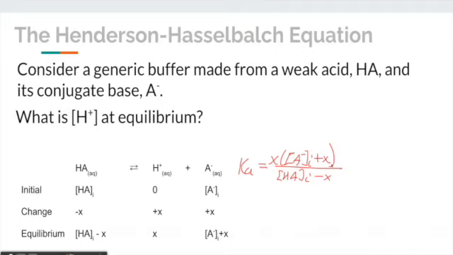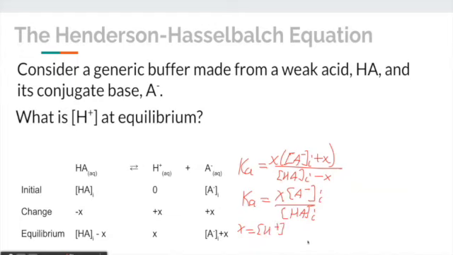So that means that we can ignore these X's in the sums here. So it's a reasonable approximation almost all the time to say that Ka is equal to X times concentration of A- divided by concentration of HA. And we're talking about initial concentrations here. But X is equal to the concentration of H+, and that's what we want to find here.